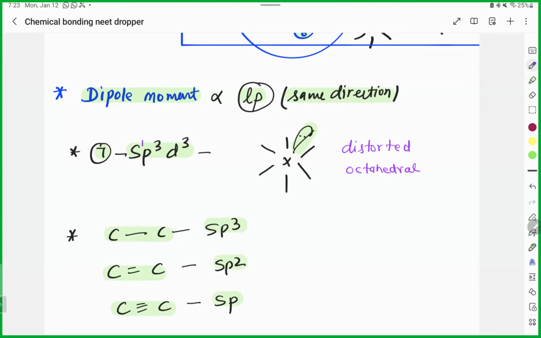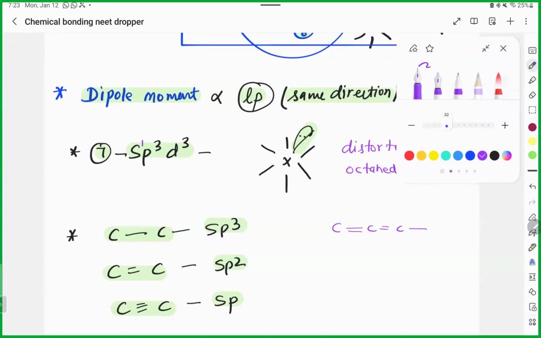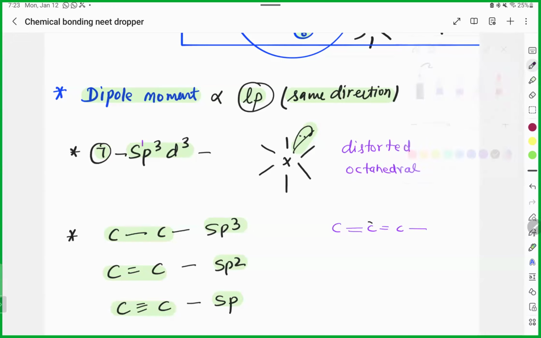And if your carbon is double bonded to carbon, double bonded to carbon like this, then you know that this carbon will have sp hybridization, this carbon sp2, this carbon is also sp2.